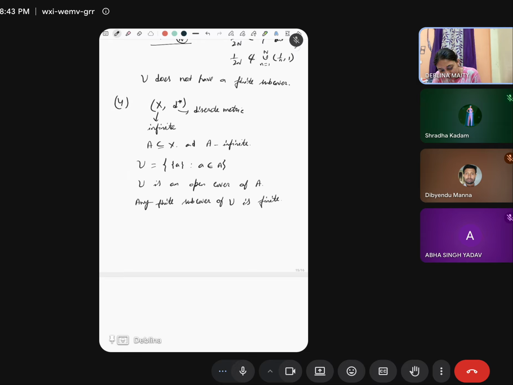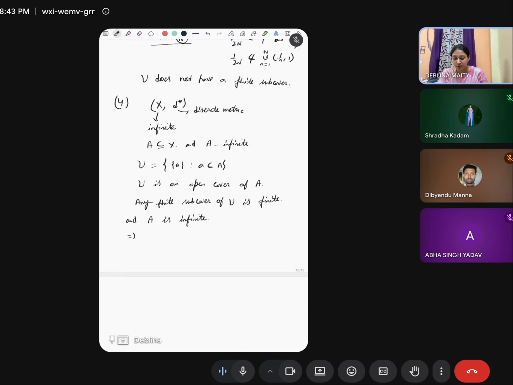So this means any finite subcover is finite, and A is infinite, right?